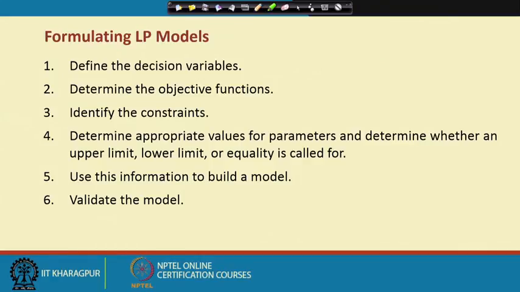So, decision variables are to be defined properly, and then fix the objective, whether it is a single objective or multiple objectives, and that will be addressed with linear combination structures, like which we have already highlighted with respect to two variables. So, the maximization of z or minimization of z is nothing but C1 x1 plus C2 x2.